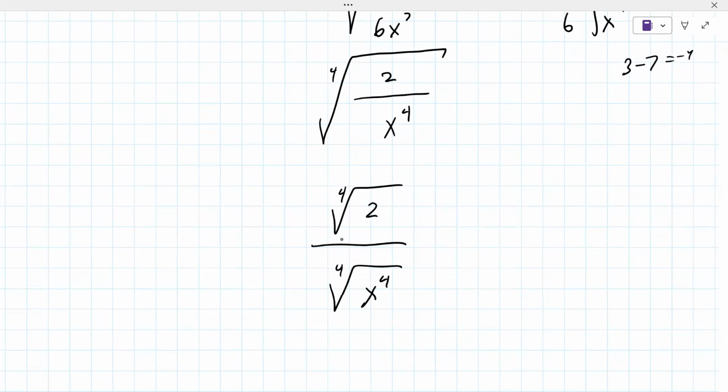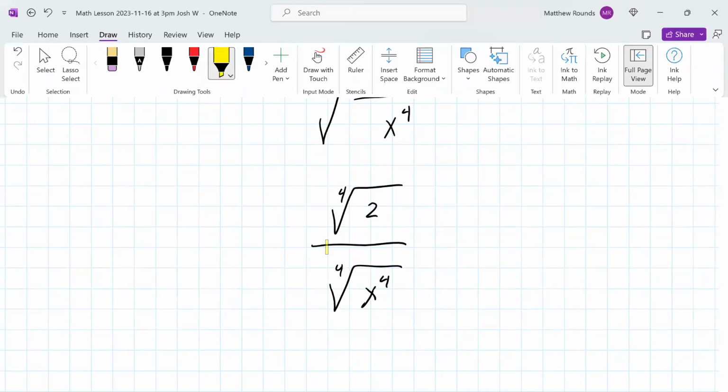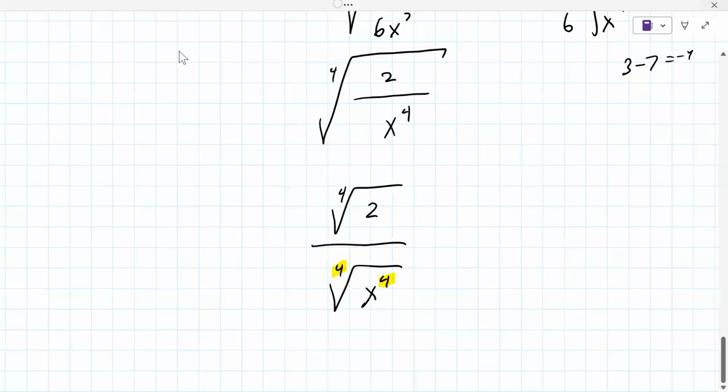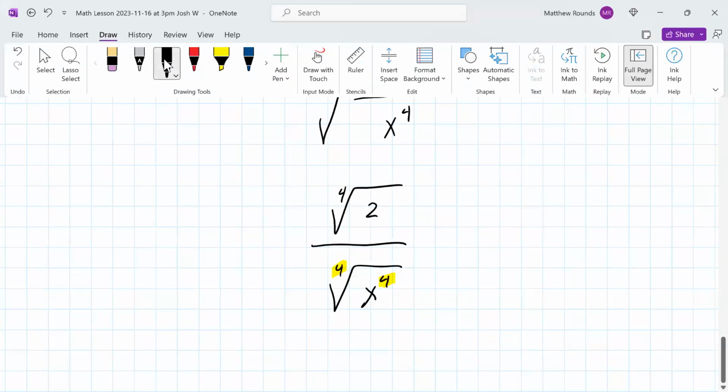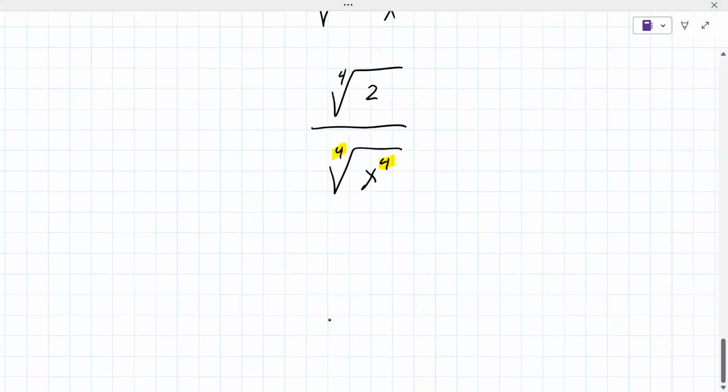Without getting into why, when the index matches the exponent, it cancels completely. So the answer here is the fourth root of 2 divided by x. It's actually the absolute value of x, but I don't know if your teacher will want that. They might think it's weird. So just go with x to avoid any suspicion of assistance.